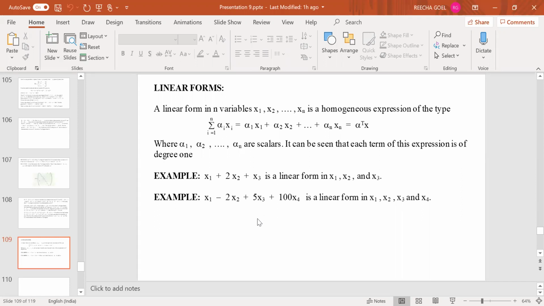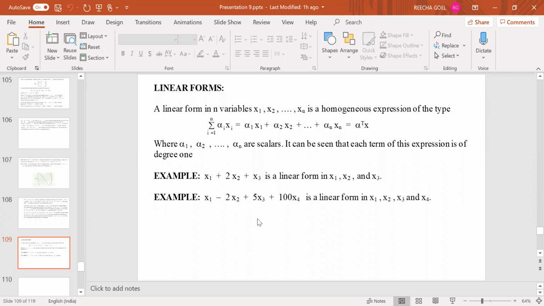Now, I can treat these variables x1, x2, xn as a vector also, a matrix consisting of the column vector x1, x2, xn. And these scalars alpha 1, alpha 2 can also be treated as vectors, of course, of Rn, if we are looking at real numbers.